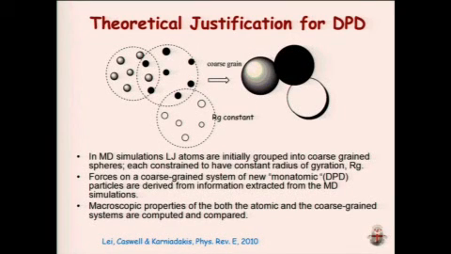Now, how can we justify this DPD? It seems like an arbitrary procedure. Well, one of the ways is that we've done, and other people have done similar things. I think we've removed some of the restrictions on them, is that initially you take some simple atoms like Lennard-Jones particles.